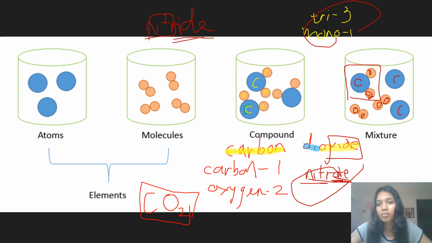And they're mixed together, but none of these three distinct substances are bonded together. The carbon dioxide is not bonded to extra carbon or extra oxygen. The carbon is not bonded to carbon dioxide or oxygen. The oxygen is bonded to neither of the other two, which means it's a mixture. They are mixed together disproportionately, and they are not bonded together.